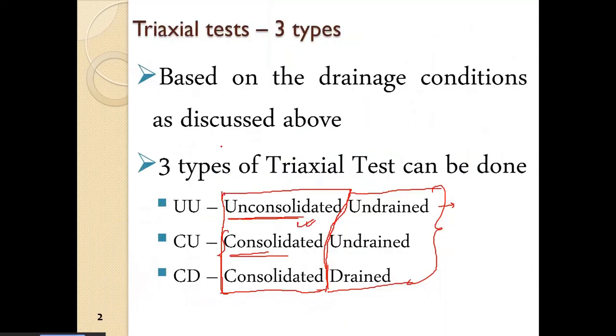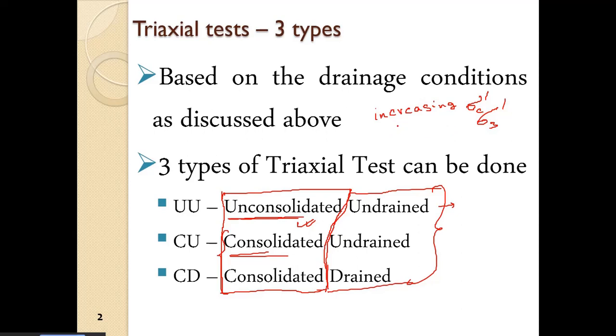So in the last class, we discussed how increasing the effective stress, the effective confining stress or cell pressure, the stress in the soil, all right?